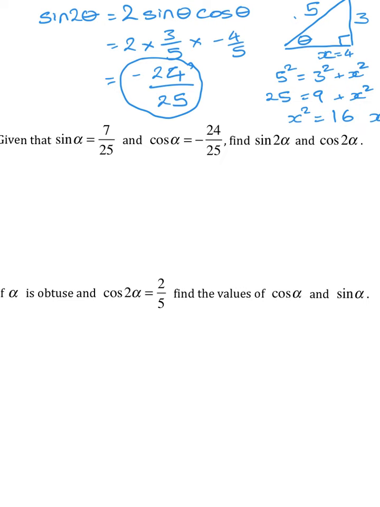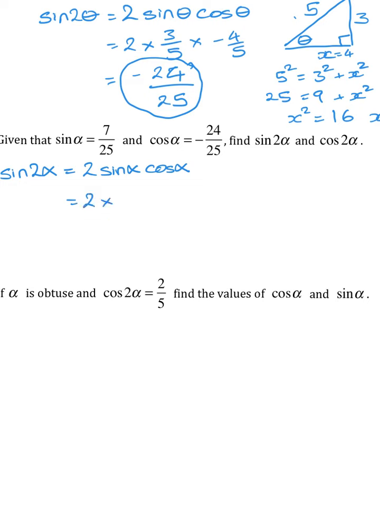Okay, for question 2. Given that sine alpha is 7 on 25 and cos alpha is negative 24 on 25, find sine 2 alpha and cos 2 alpha. Sine 2 alpha, we've just done one just like it, is 2 sine alpha cos alpha. So we can just substitute them right in there.